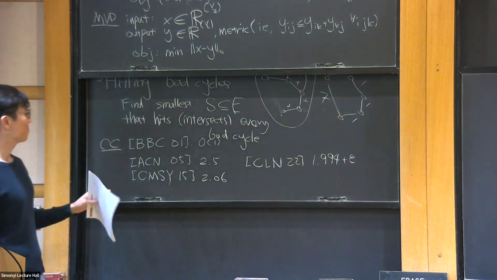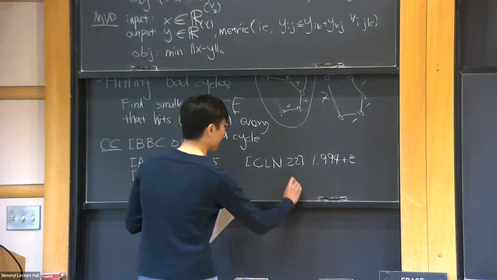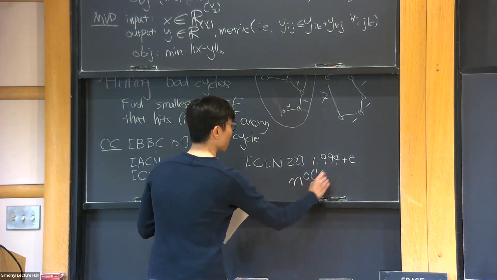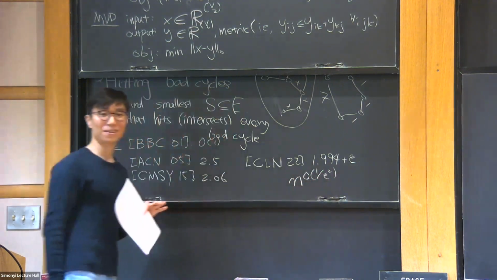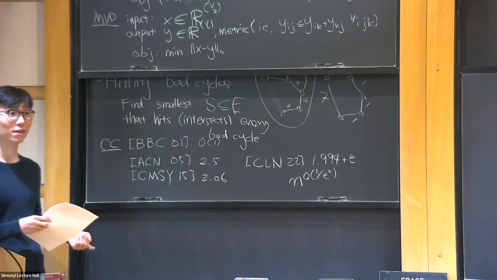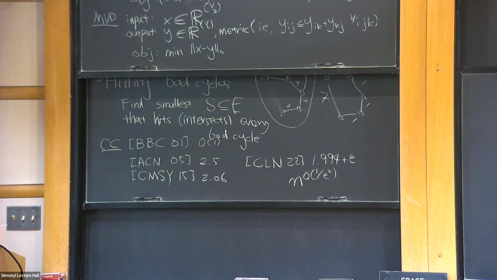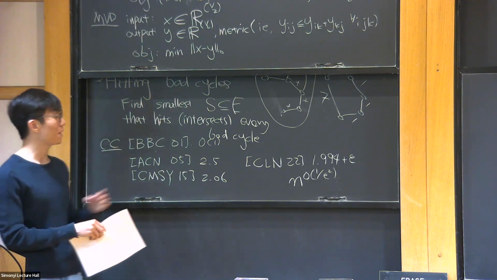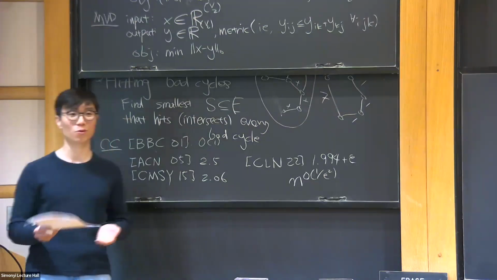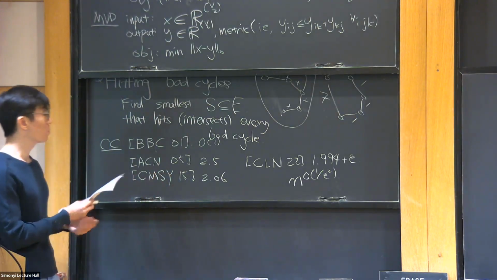And the running time is going to be n to the order of 1 over epsilon squared. Here it's a purely polynomial time, perhaps like n cubed time. For any epsilon, yes. So if you set epsilon to be like 1 over a million, then it's almost a 1.99 approximation with polynomial running time.